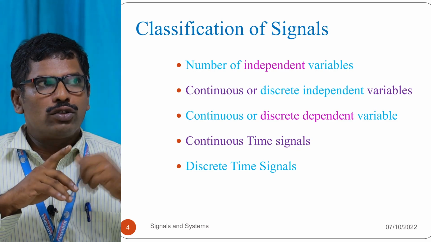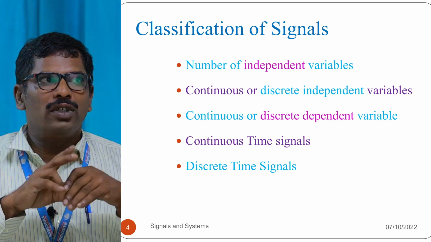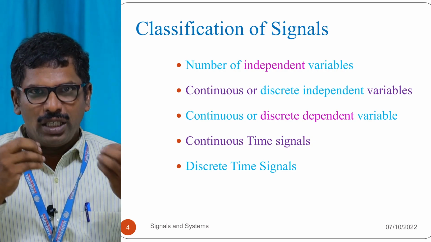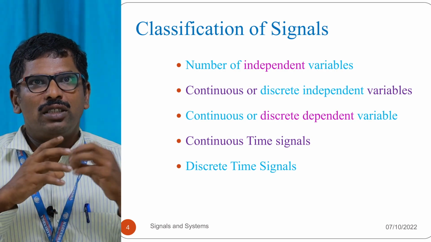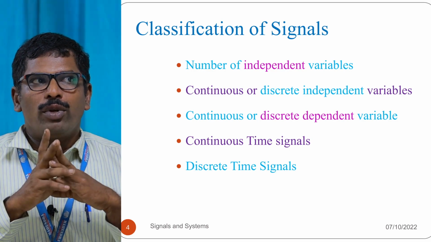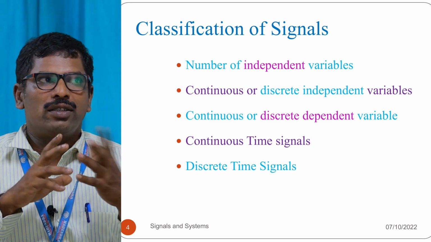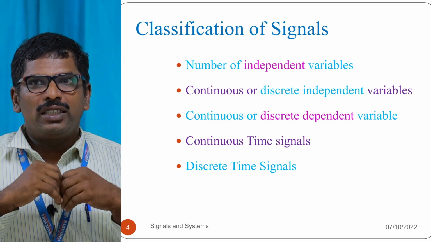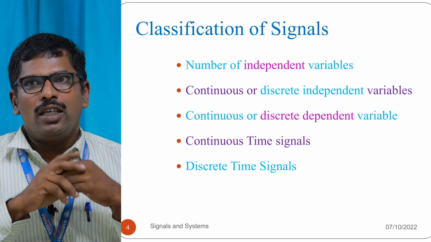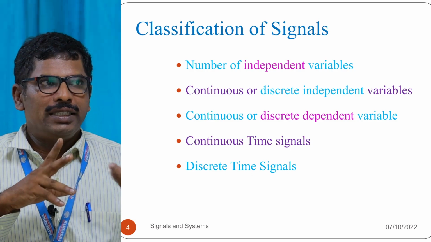The last two, continuous time signals and discrete time signals, are the real rulers of the world. An example of a continuous time signal is whatever we are speaking, whatever we are listening, whatever is taking place in the world. It is a pure example of a continuous signal, and we also call continuous signals analog signals. An example of a discrete signal is most probably an analog signal that is sampled at some time period, and then we call it a discrete signal.